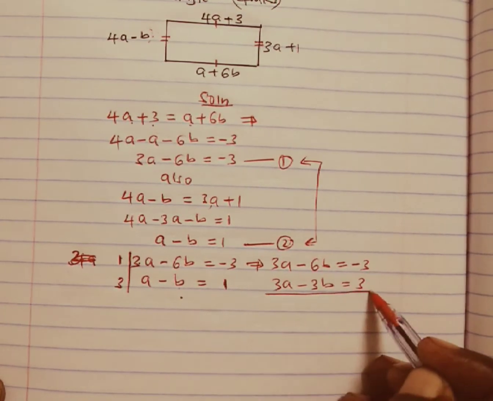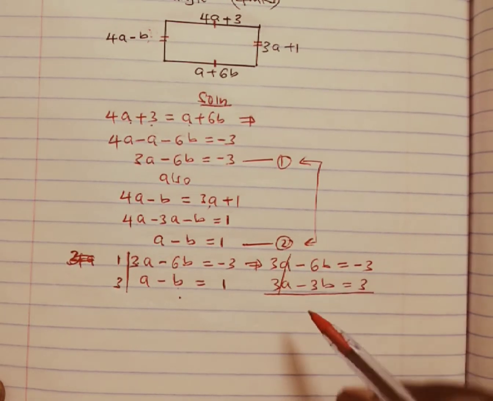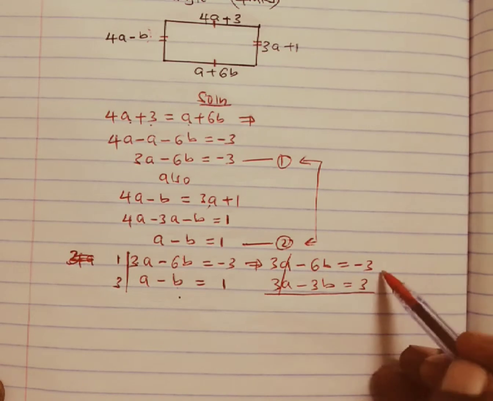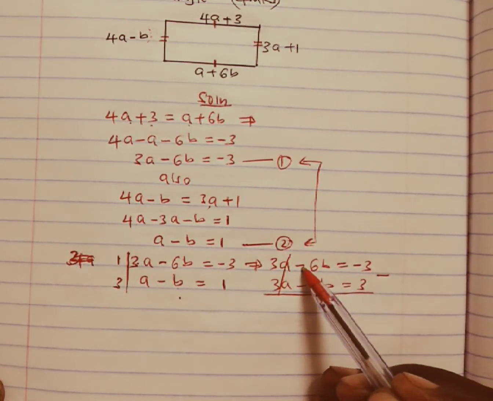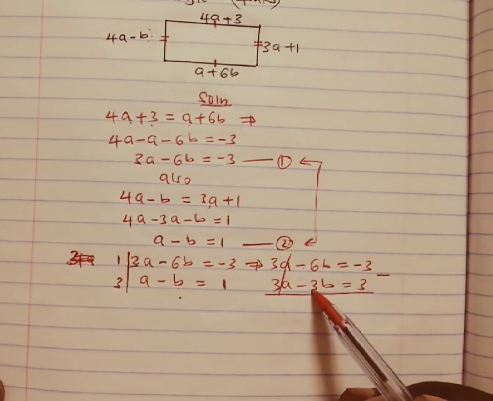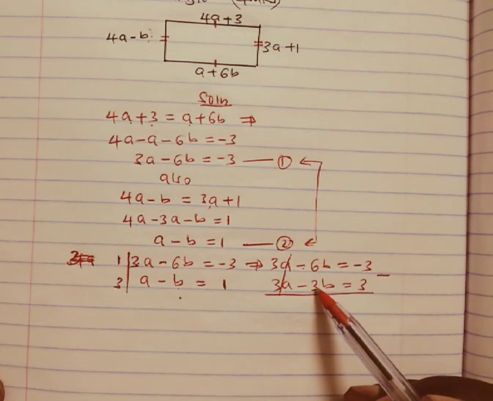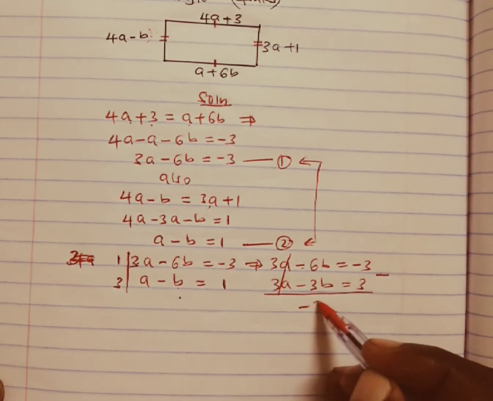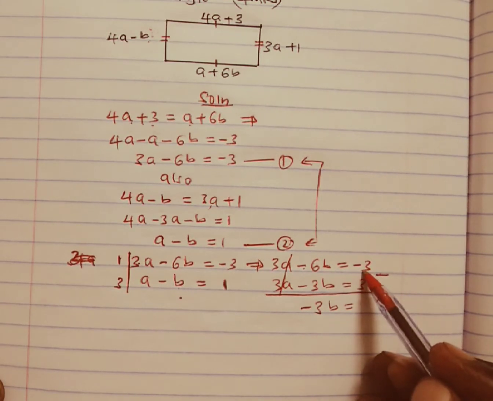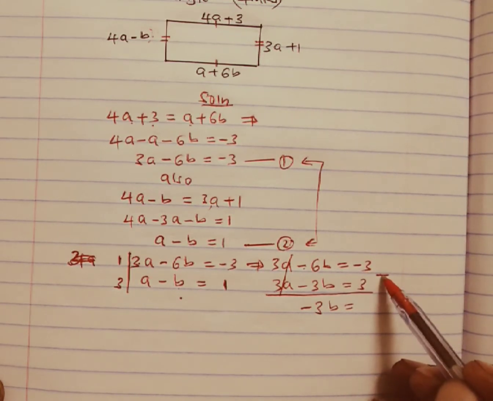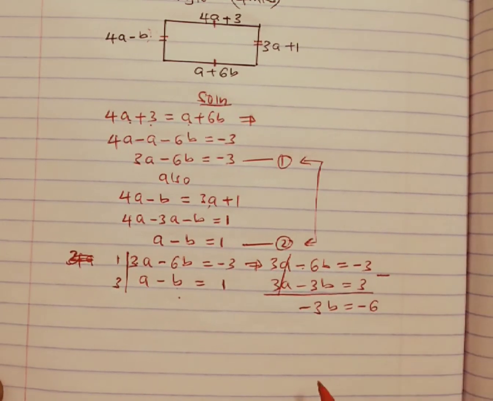Once we have unified the part having A, this part cancels such that 3A minus 3A gives us a 0. So we remain with minus 6B minus 3B, that is the same as negative 6B, plus 3B, which gives us negative 3B, being equal to negative 3 minus 3, it gives us negative 6.